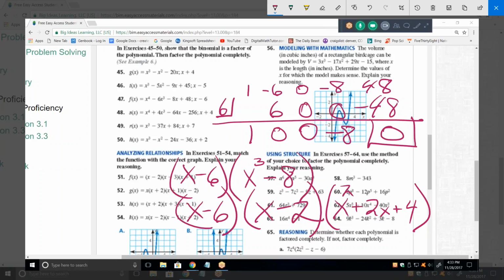Now, factor completely. This over here is not a reducible quadratic unless we want to introduce imaginary numbers.